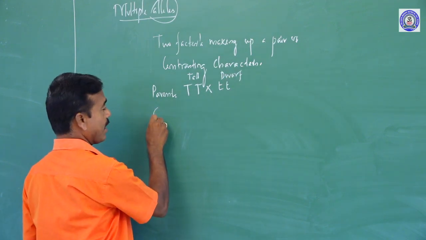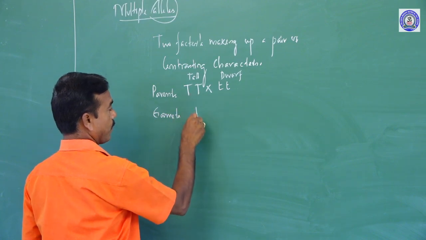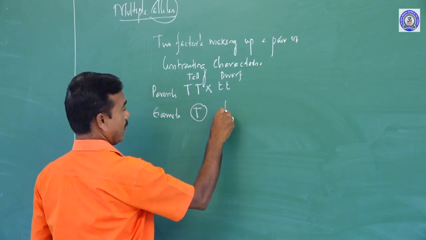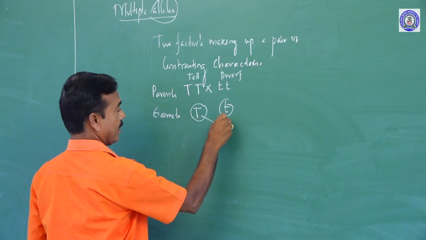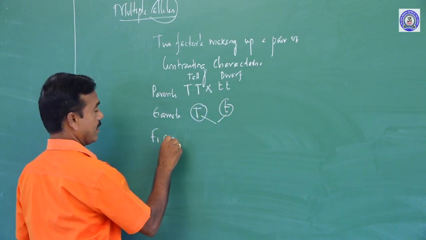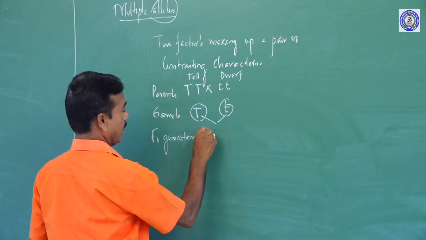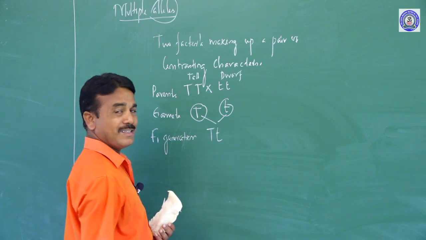What gametes are obtained? Capital T and small t, and in the F1 generation, capital T small t is obtained.